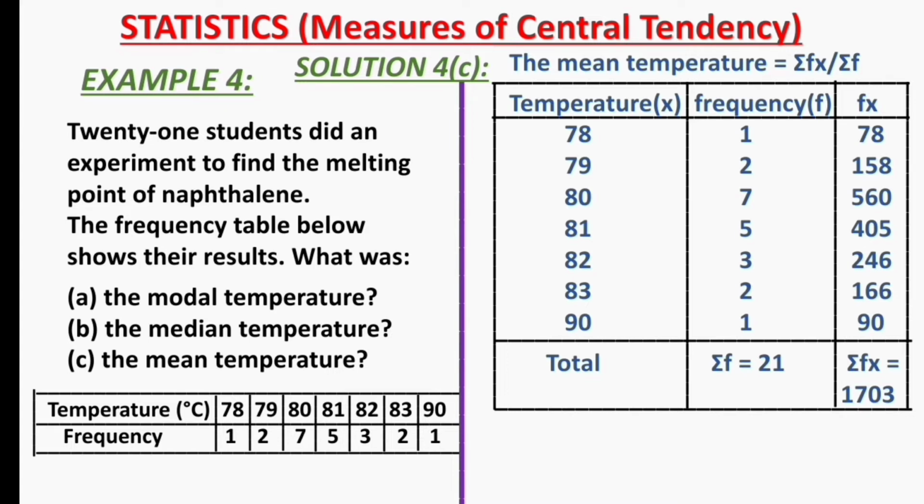Let's see if you are right. From calculation, the mean temperature is equal to 1703, representing sigma Fx, divided by 21, representing sigma F. When you calculate, the mean temperature becomes 81.1 degrees Celsius. I hope all the solutions in question 4 are clear to you.